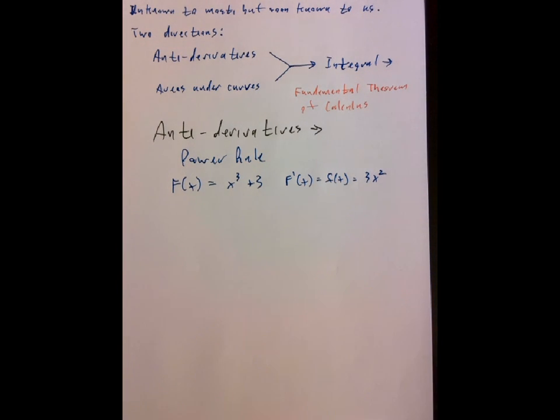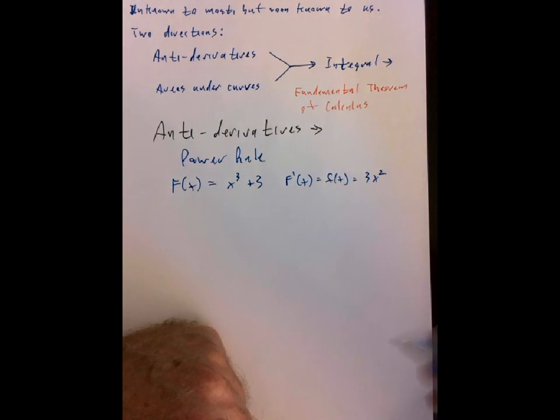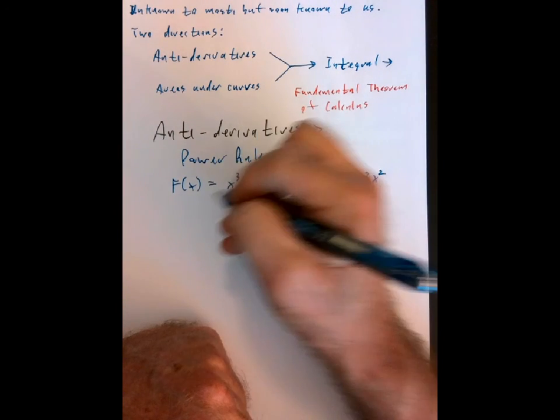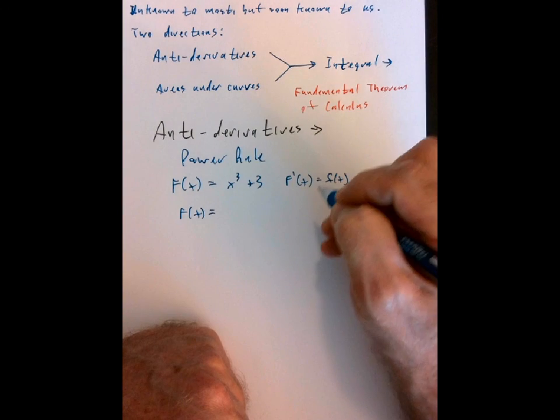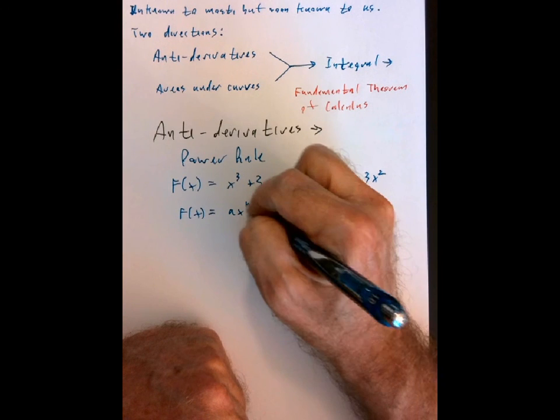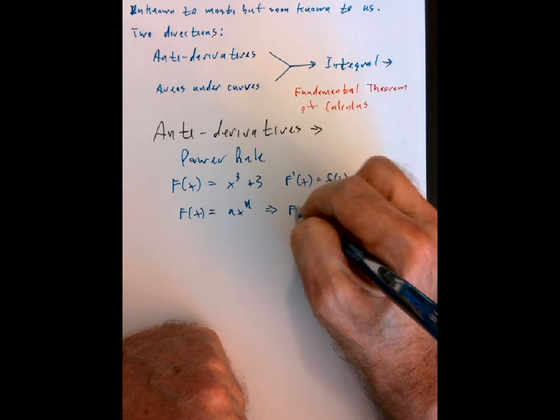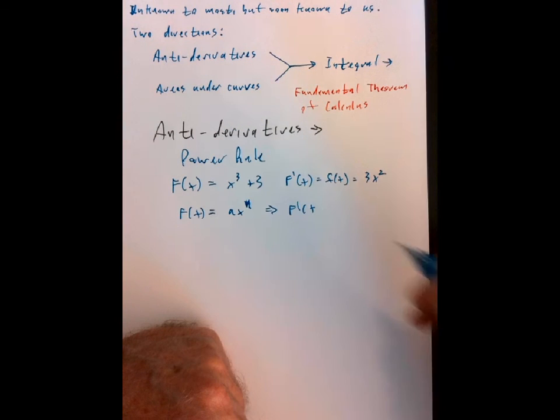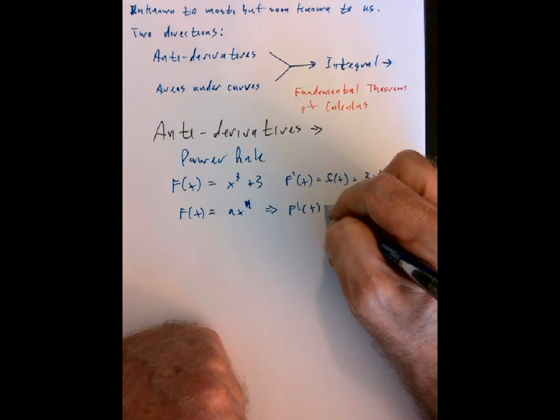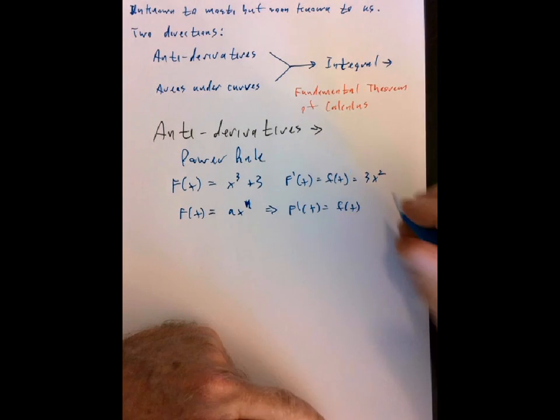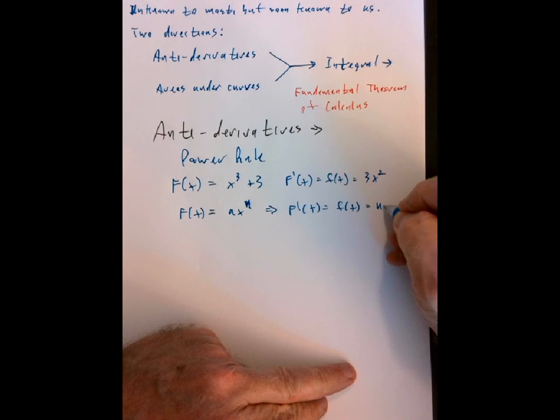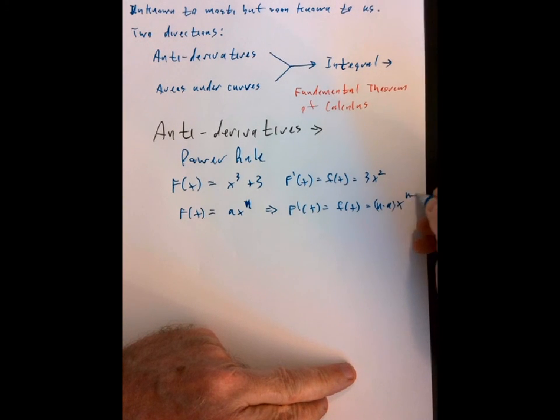Okay, or here's another one. Well, let's put that in as a rule now. So we said the power rule was that if our original function f of x was equal to ax to the n, then f primed of x, which we're going to call sometimes little lowercase f, was n times a times x to the n minus 1, right?